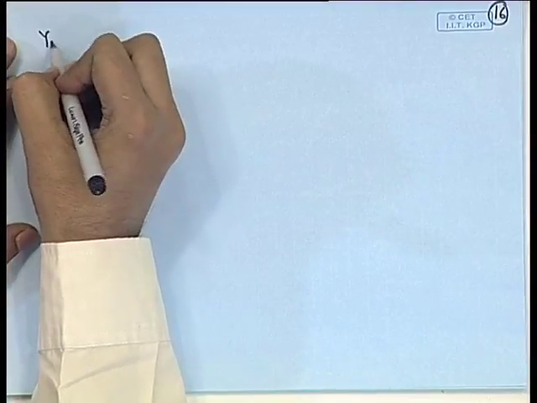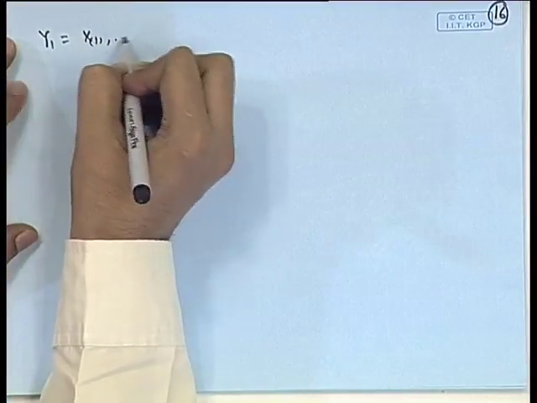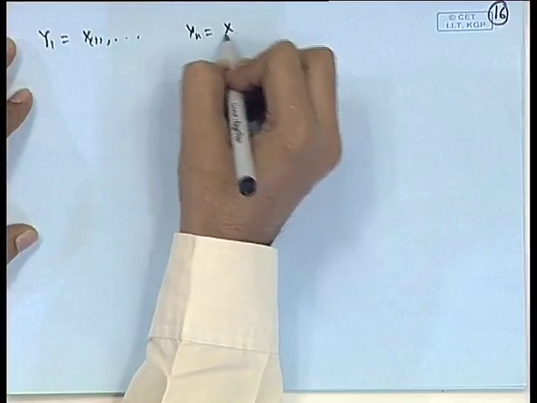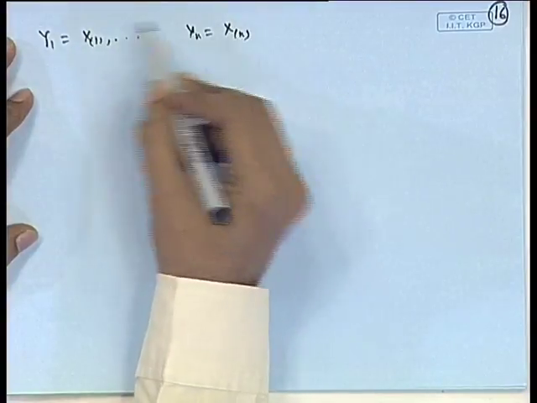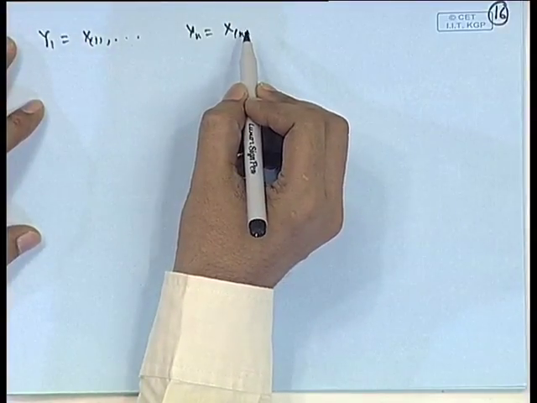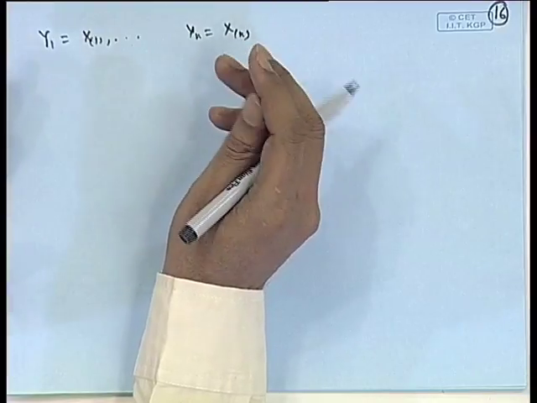Here the function is Y1 equal to X(1), ..., Yn equal to X(n). Now, this is a transformation from R^n to R^n, but it is a many-one transformation. In fact, n factorial combinations of X1, X2, ..., Xn give the same values of Y1, Y2, ..., Yn.